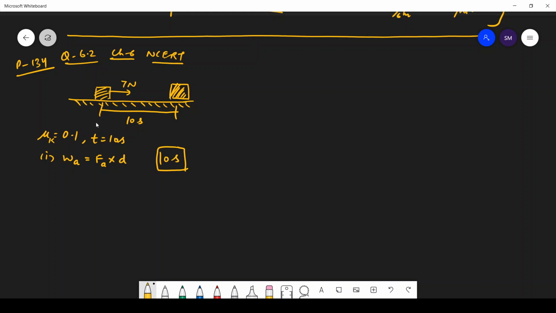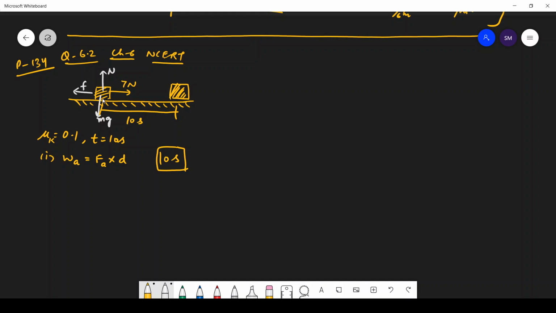Now this is the force applied. How many forces are acting on it? See, we have 4. Force of friction, yes. So this is mg, and this is your normal reaction, normal force acting on it. So 4 forces are acting on it. Obviously both of them are equal and cancelling out each other.